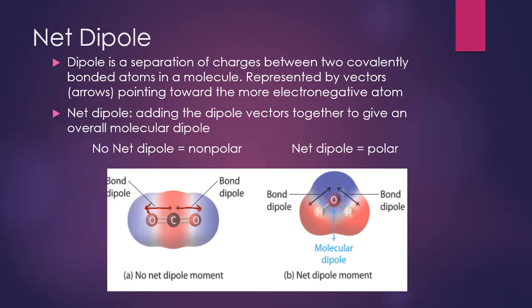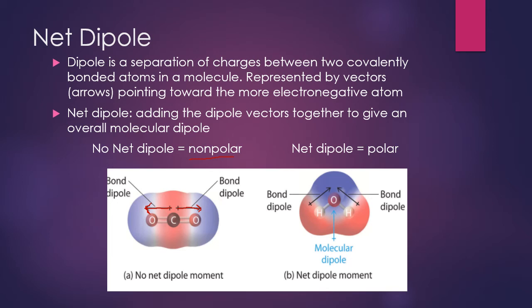So when the vectors cancel, we get no net dipole, 0. If we have no net dipole, that means the molecule itself is nonpolar. Even if that carbon-oxygen bond is polar, the molecule as a whole, since the arrows cancel, is nonpolar.